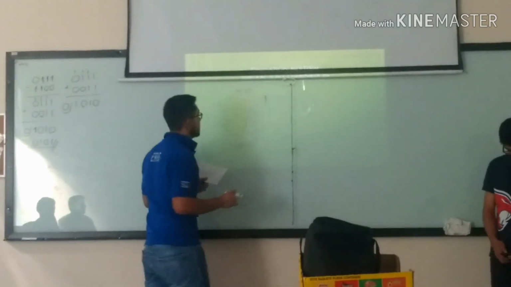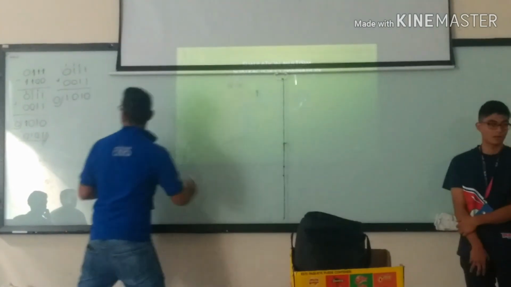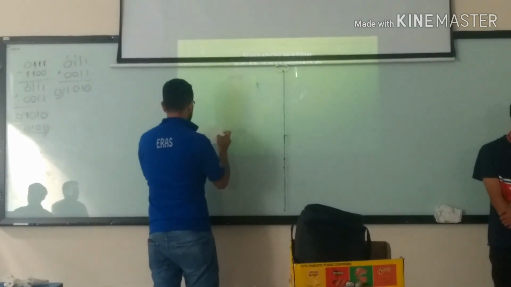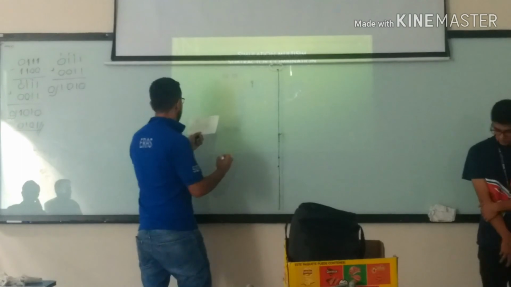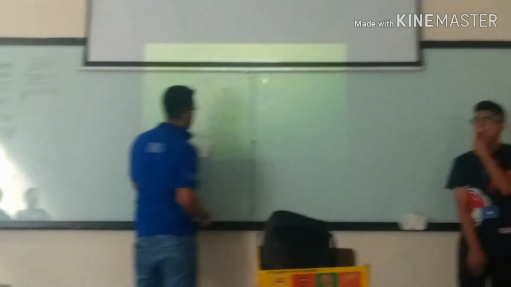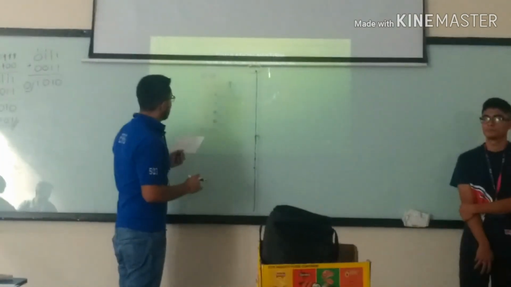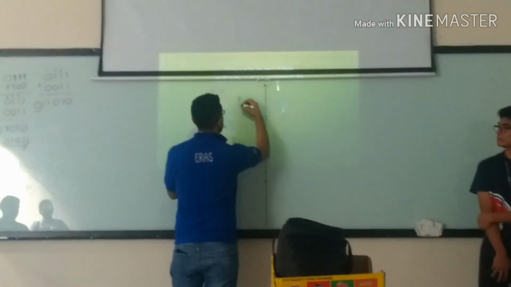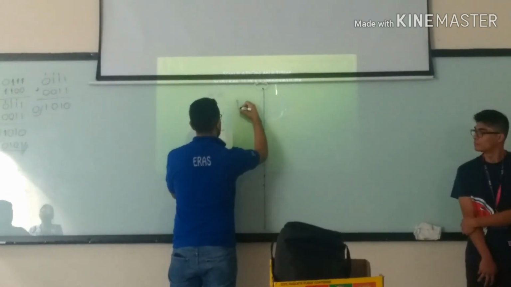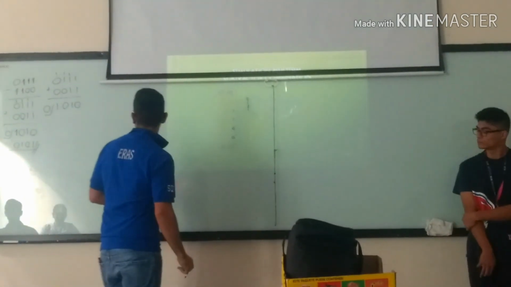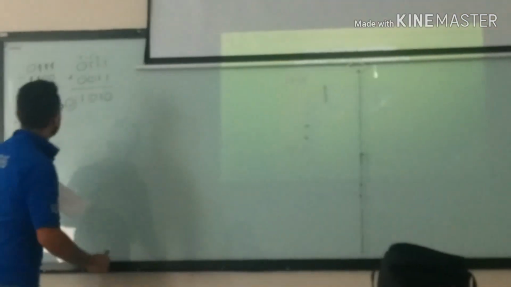Then we have the negation of the second number, that is, without the negation we have 1, 0, 0, but negated we have 0, 0, 1, 1. And then the addition of these inputs will be that one.